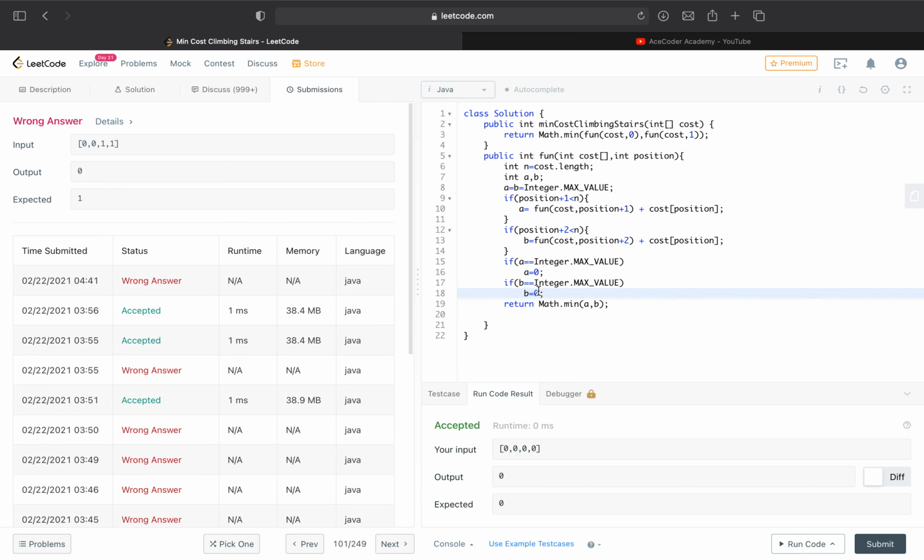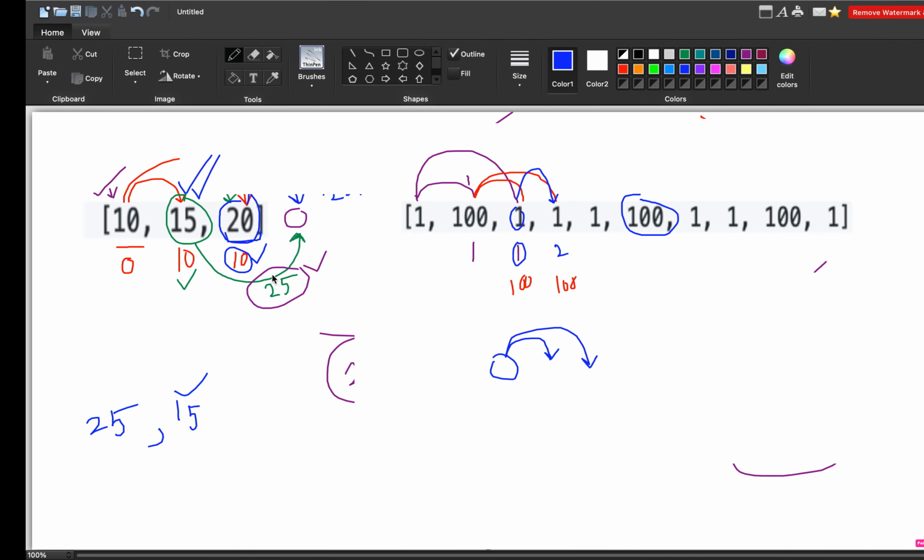What we are missing here is that we are just considering the cost to reach up till here, but we have to go outside this array, so this price will also be included. Why are we getting 0? If we started from 0, let me explain this test case and why we are getting the wrong answer.